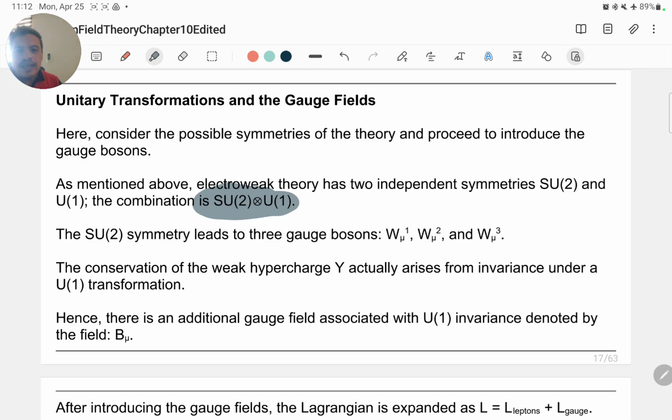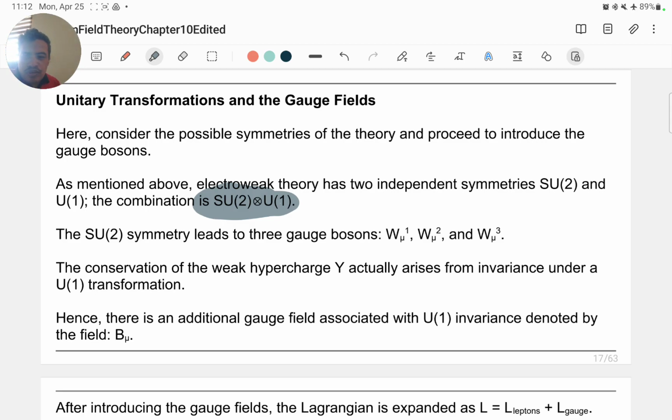In SU2, there are three gauge bosons, W mu1, W mu2, and W mu3. We will find out later that W mu1 and W mu2 represent the positive and negative W bosons, while W mu3 is just the Z boson.